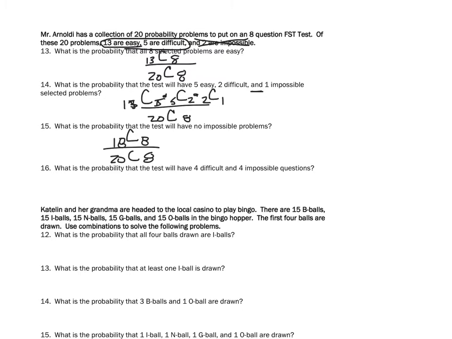What's the probability the test will have 4 difficult and 4 impossible? So again, 20 choose 8. 4 difficult would be 5 choose 4. 5 difficult choosing 4. Impossible, there are 2 of them. Is there a way I can pick 4? No, there's not. That can't be done. This is impossible. My probability would be 0.